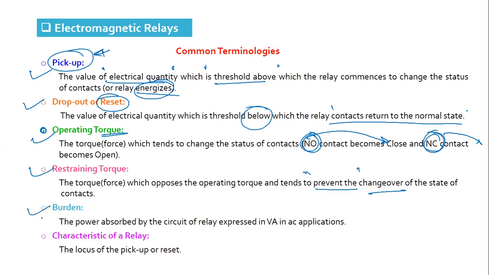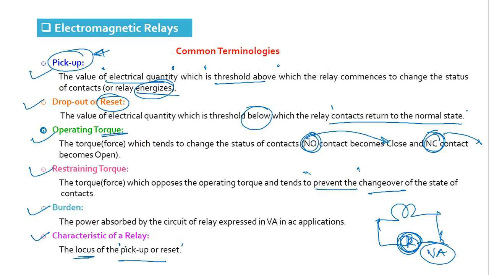Burden is the power absorbed by the relay circuit which is connected in the CT secondary. Let's say here, whatever power is absorbed by this relay in VA is called the burden on the CT. Characteristic of the relay is the locus of its pickup or reset.